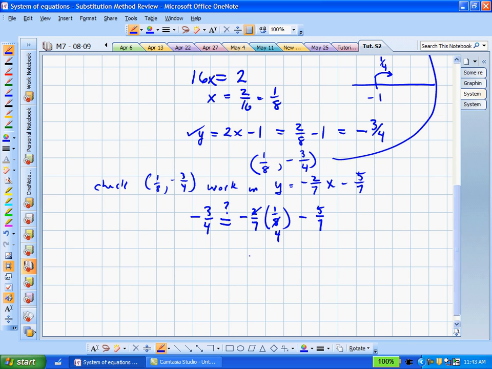So when we multiply, we get negative 1/28. This does not look great. To get a common denominator, we need to multiply by 4, and so we get negative 20/28. And then when we add, negatives and negatives make bigger negatives. Careful: negative 21/28, which divides by 7, and we get negative 3/4.